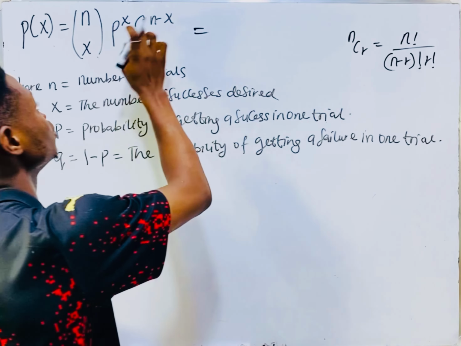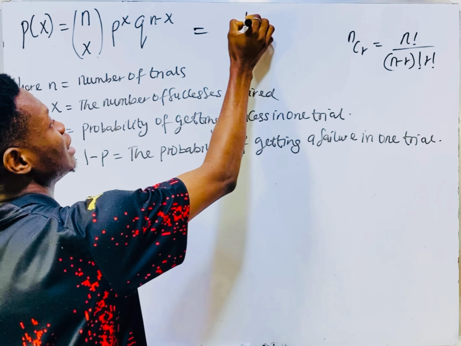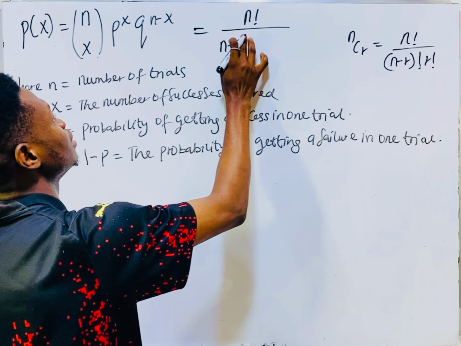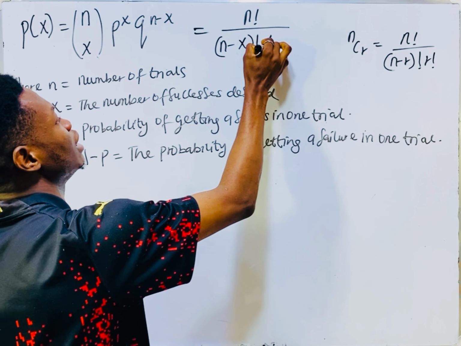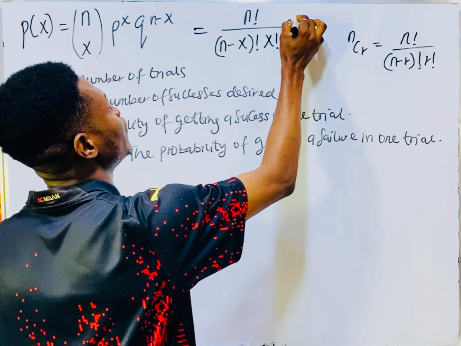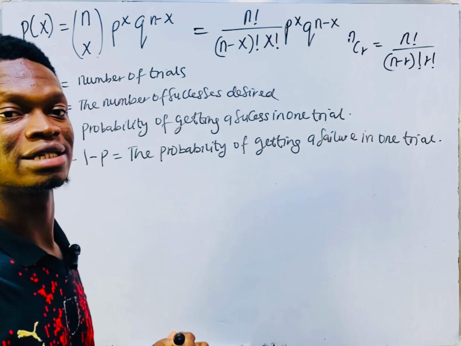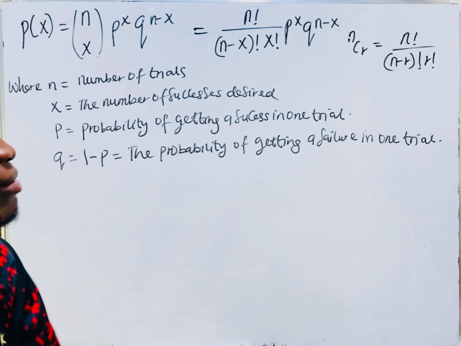So I can use it to deduce another formula from our main formula. I can write this as n factorial over n minus x factorial, then x factorial, and I'm going to put p to the power of x, then q to the power of n minus x. This formula can still work. If you don't want to use this one, you can use this one. They are still the same thing.